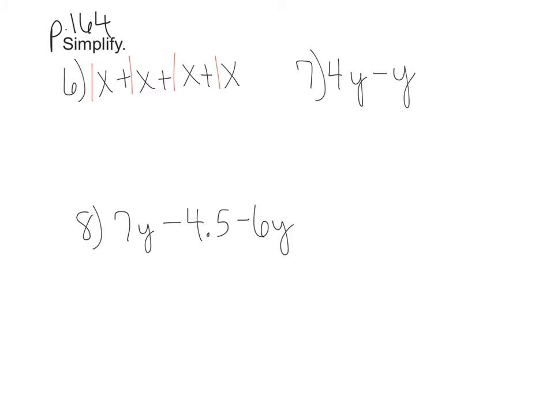Just like 1 plus 1 plus 1 plus 1 is 4, 1x plus 1x plus 1x plus 1x is 4x. Again, that just simplifies things for us. Later on if they tell us x is equal to 10, instead of putting it in 4 different places and then adding everything together, we just have one place to put it, and then we multiply and we're done. Number 7, we've got 4y minus y.